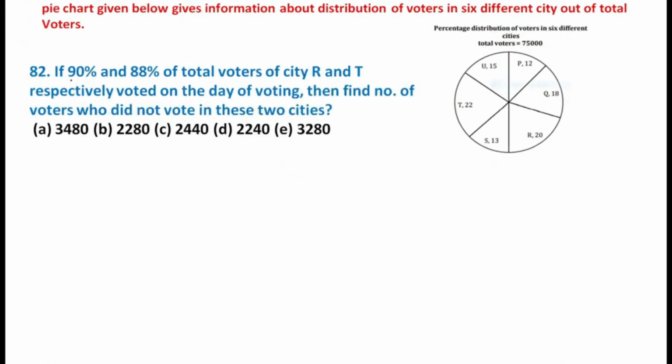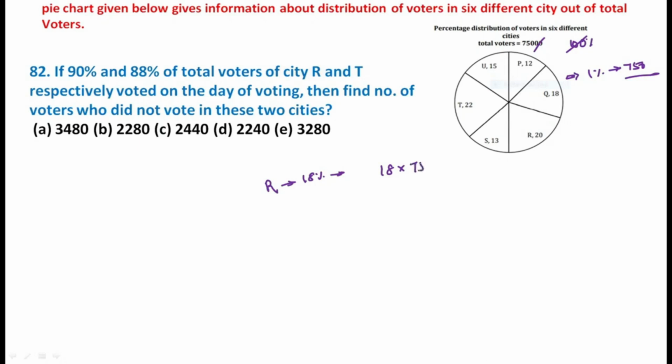Next. If 90% and 88% of voters of cities R and T respectively voted on the day of voting, find the number of voters who did not vote in the two cities. Now R is exactly how much percentage? 18%. You already know that 100% is equal to 75,000, so 1% is equal to 750. Now 18 into 750.